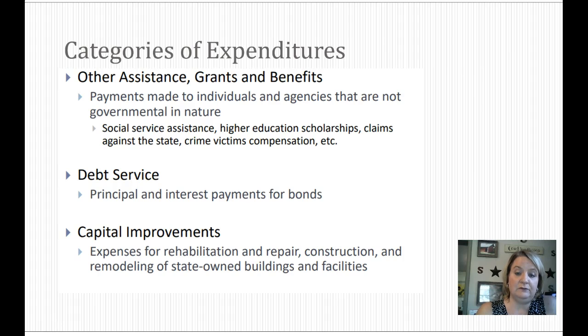We do deal with those on a regular basis. Debt service, principal and interest payments for bonds. We do not deal with that. We do not have any bonds. Capital improvements, expenses for rehabilitation and repair, construction, and remodeling of state-owned buildings and facilities. We do have a capital improvements budget, and we will be talking more about capital improvements next week.